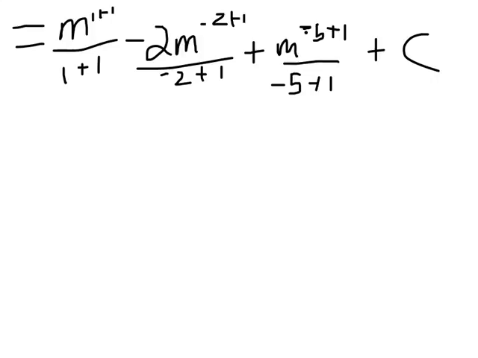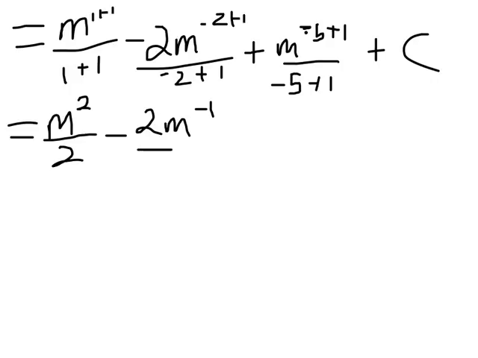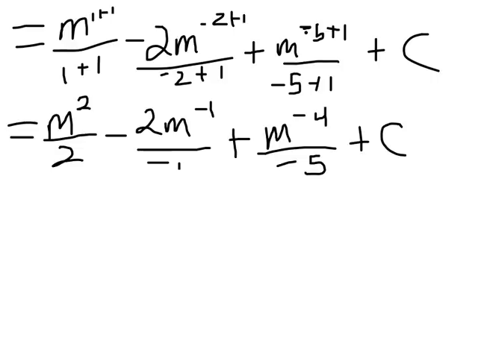Then we can take this equation that we have made and break it down into m squared over 2 minus 2m to the negative 1 over negative 1 plus m to the negative 4th over negative 4 plus c. And once again, break this down again and get m squared over 2.